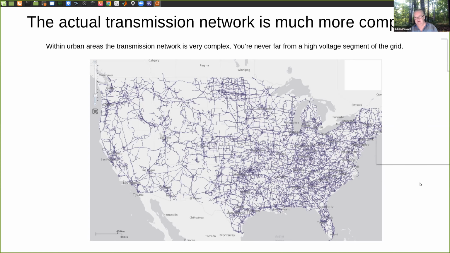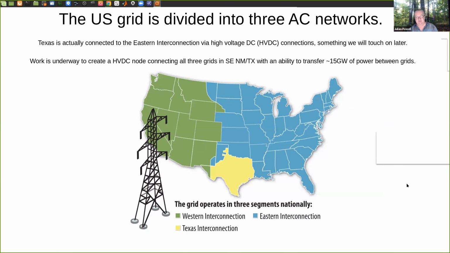So that's when I like to step back and take a bigger picture. Again, each of these colors is one AC circuit. And if you're down here in Miami, you're connected to someone in eastern Montana through an awfully long chain of links, but still you're on the same circuit.